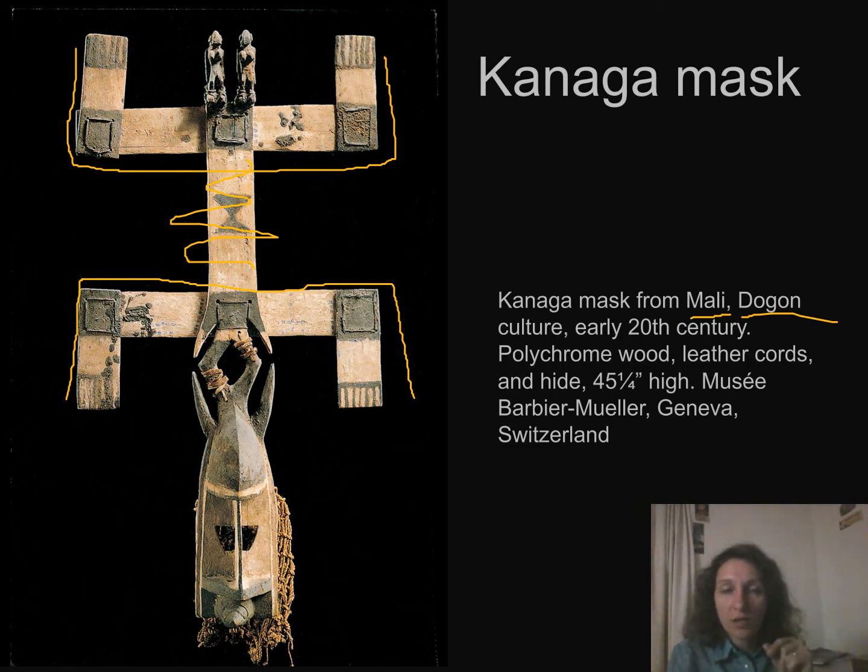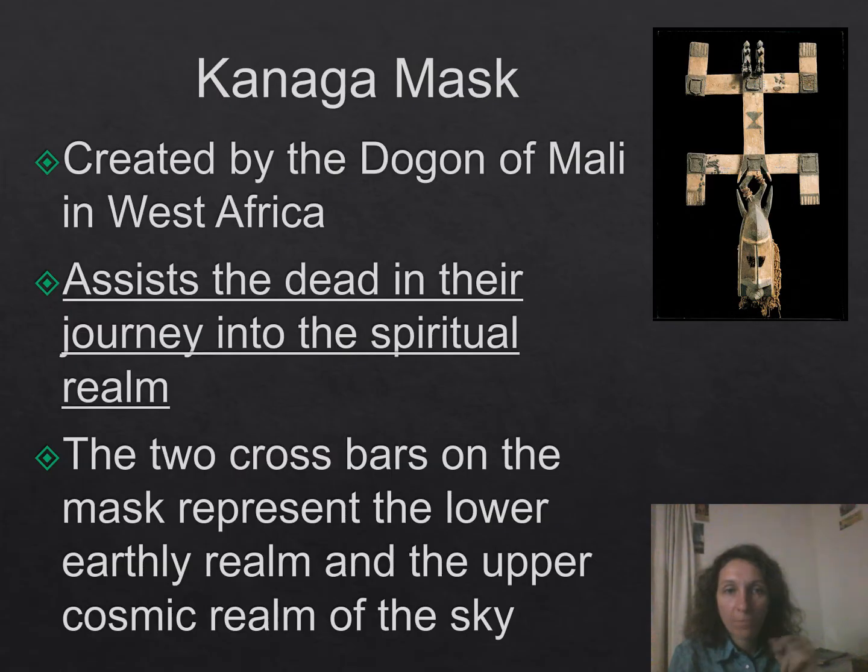So let's go to the next slide. It's assisting their dead in their journey into the spirit realm. We're going to talk a little more about who these masks represent as we talk more about the Dogon culture. Let's go to the next slide.